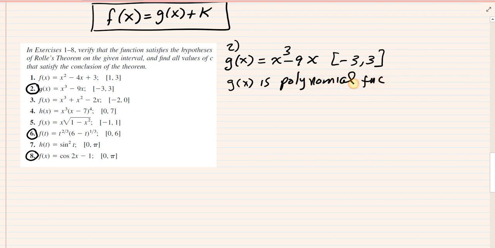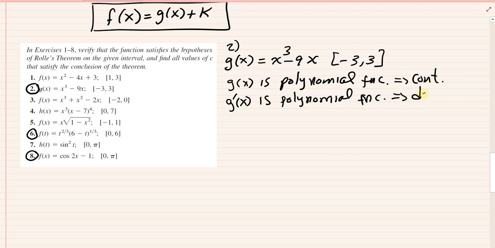It's a 3rd degree polynomial function, and the continuity of it follows from that, so it's continuous. And for the same reason, g prime x is also a polynomial, and it too is going to be differentiable.